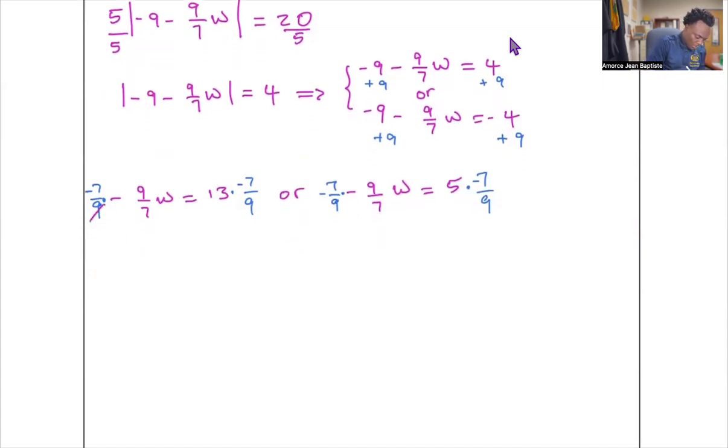So -7/9, that cancels. Negative turns positive. So W by itself over here, that's -13 times -7, that's -91/9. Or W here equals -35/9. We have the two values.